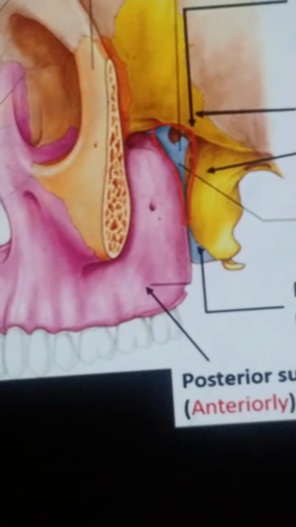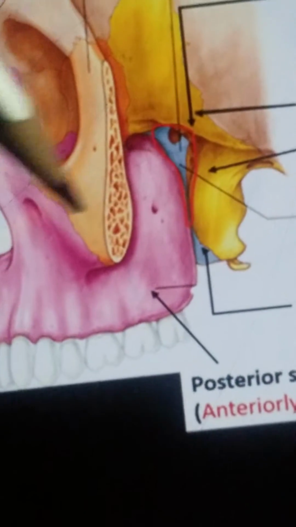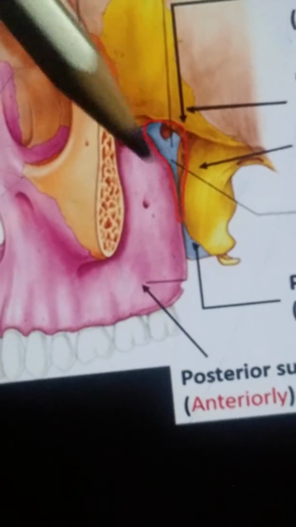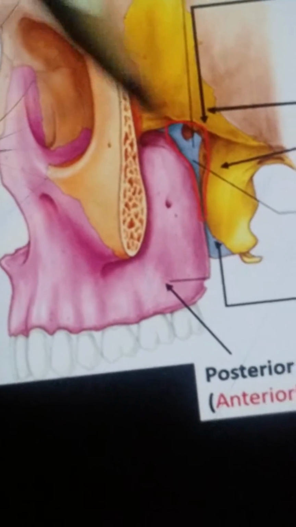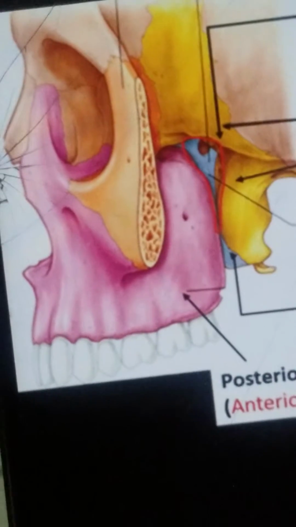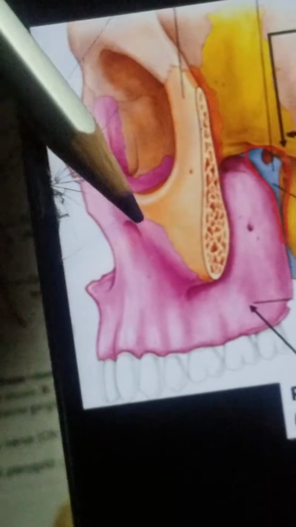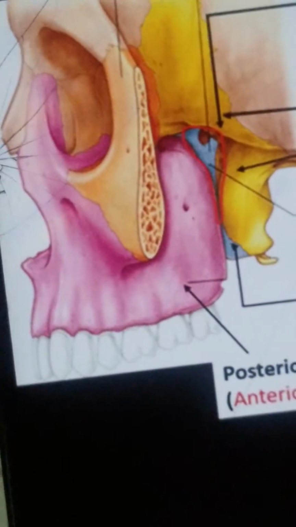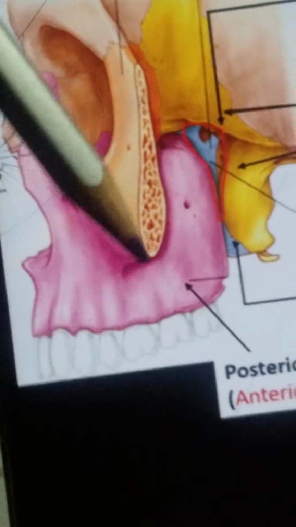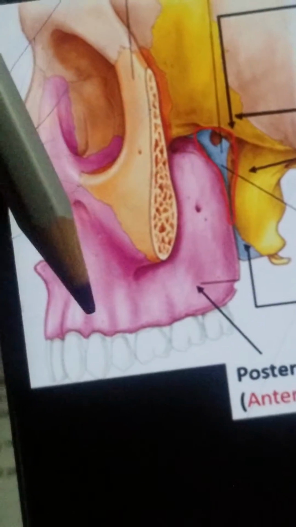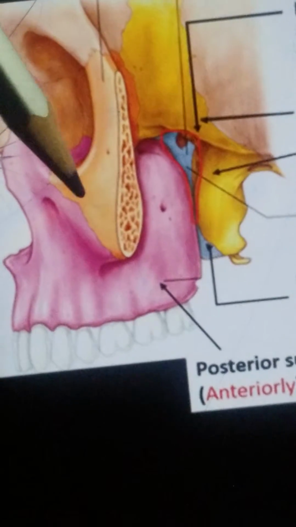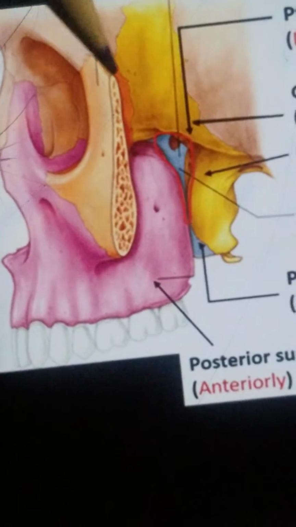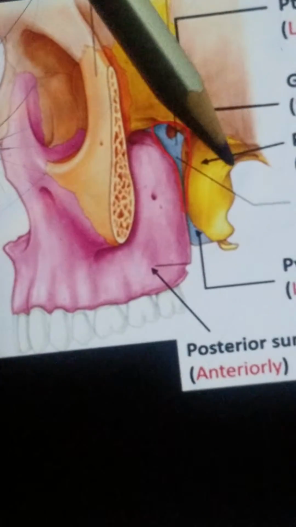There are actually 6 boundaries of the pterygopalatine fossa: anterior boundary, posterior boundary, superior boundary, inferior, and there is also median and lateral boundaries. Now we are doing some bones so that we can hang our boundaries, to learn them. First is the maxilla, this pink one, then we have this orbit, and this is the zygomatic, and here is the sphenoid bone.